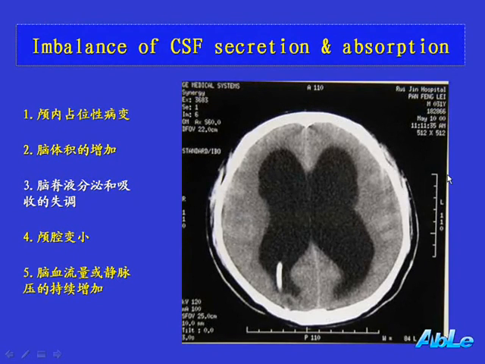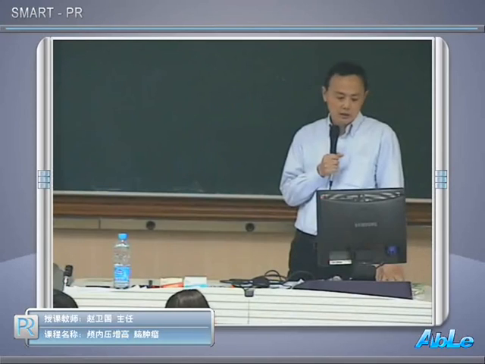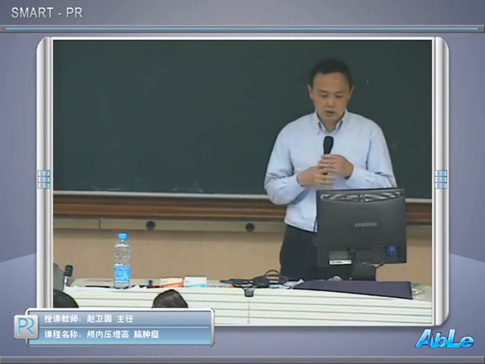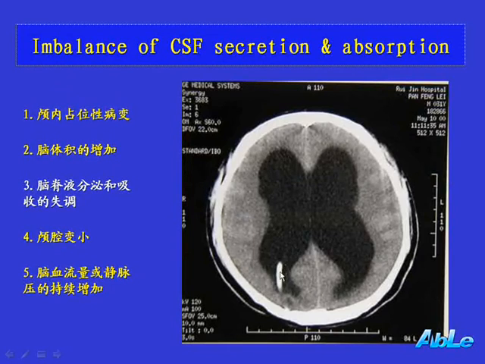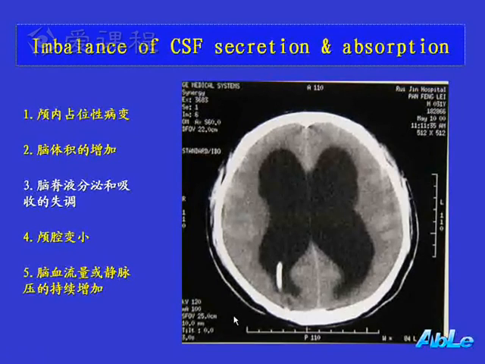This is an imbalance of CSF secretion and absorption. We see the enlargement of the ventricle. There is a lot of CSF accumulation in the ventricular system. So the doctor inserted this tube. We do the VP shunt, ventriculoperitoneal shunt. We drain the excess CSF from the brain to the peritoneum, to the abdomen.